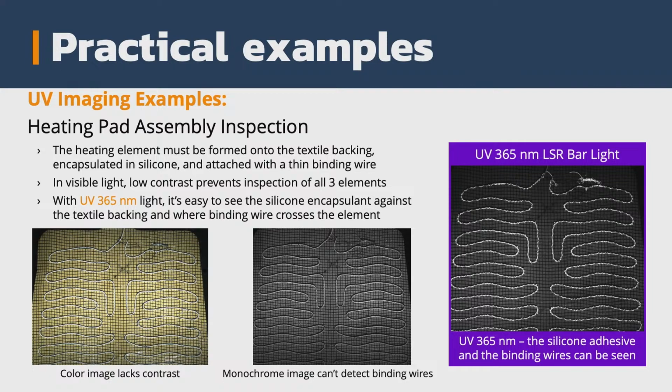So they can actually inspect all three things in the UV, whereas this would be a very difficult inspection in the light, whether it be color or monochrome. So it's very common to use UV to see both silicone and other adhesives like cyanoacrylate or things like that.